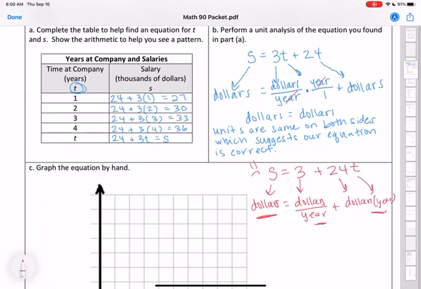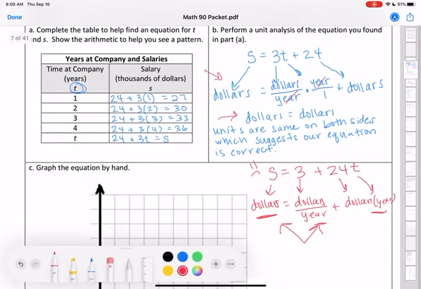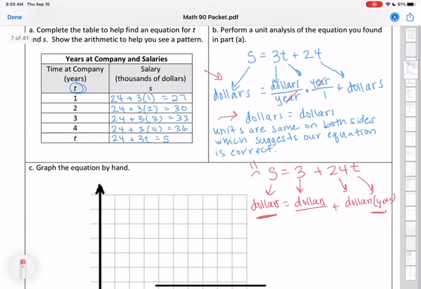We do not have the same answer on both sides, which means that the equation is wrong. Okay, do you see that? Up in the first one, way up here, we ended up with dollars equals dollars because our years canceled out. So that suggests that our equation is correct. That has the correct setup because we got the same labeling of the same expression. Okay, so I'm going to erase all this wrong business here.